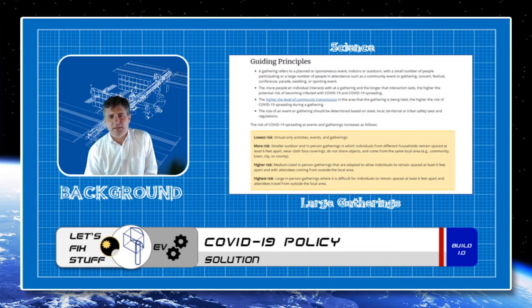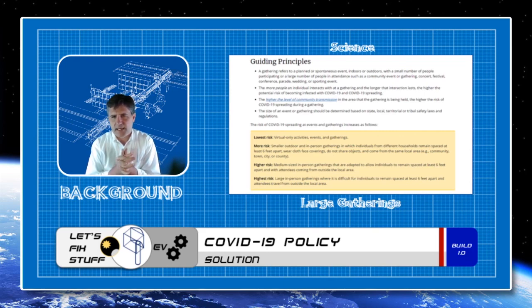All right, let's look at large gatherings. Now, the CDC guidelines around large gatherings are pretty clearly spelled out on their website. They've got some general guiding principles, just like we were talking about with people that are confined in lockdown situations. You're much more likely to transmit the disease if you are in a confined space and tightly grouped with a bunch of people.